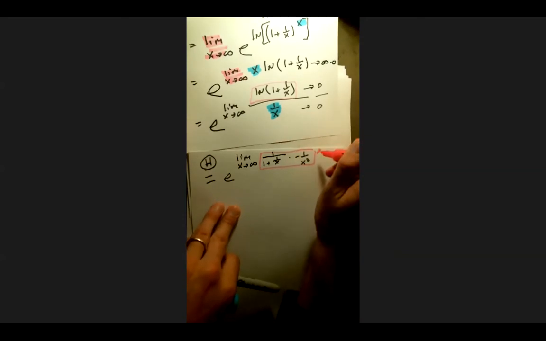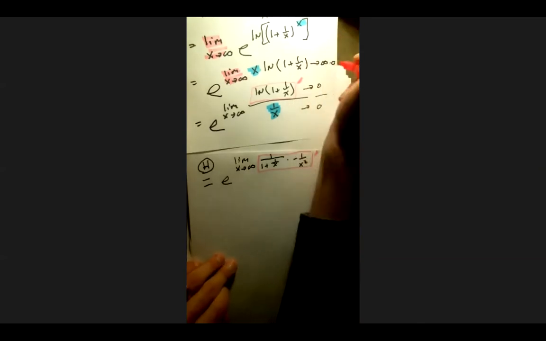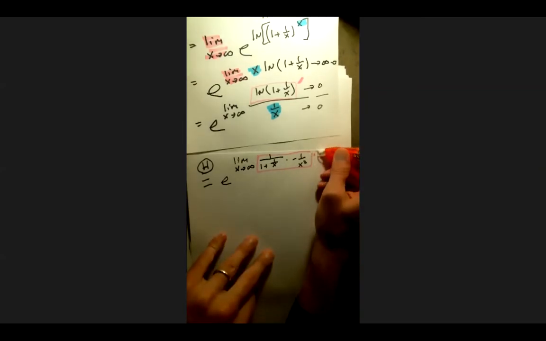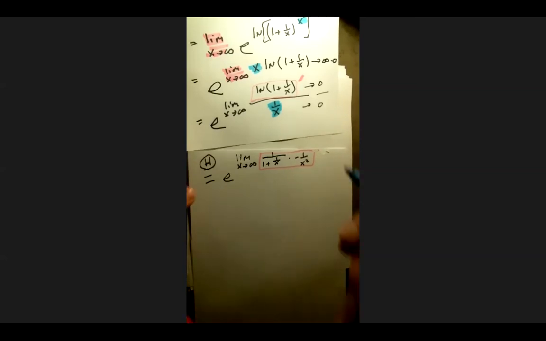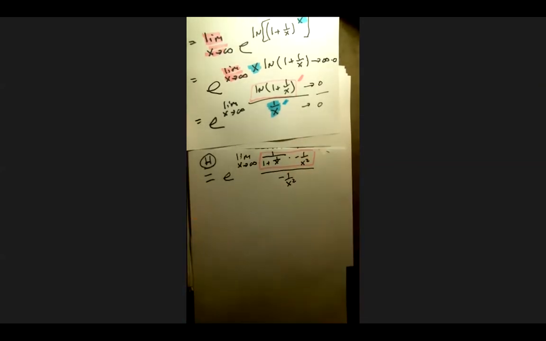I don't know if I can do box prime, if that even makes sense. Well, I guess I could put the prime up here. That would make more sense. Okay. And then we take the prime of our denominator, and the prime of our denominator will be negative 1 over x squared.